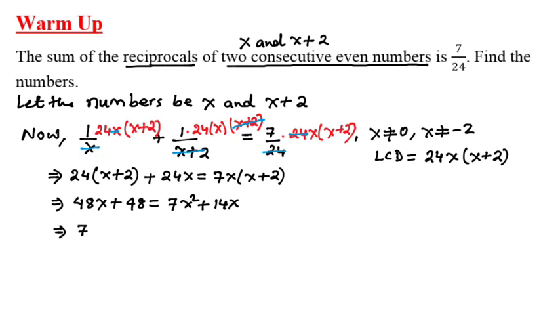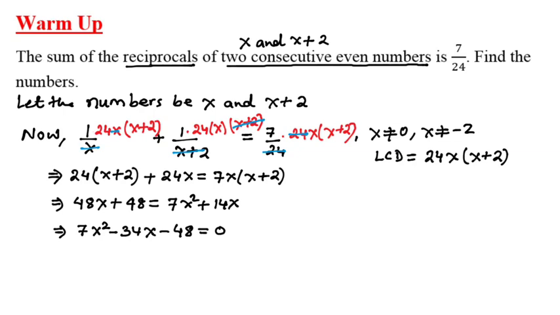On simplifying, we get 7x squared minus 34x minus 48 equal to 0. So this is a second degree trinomial.